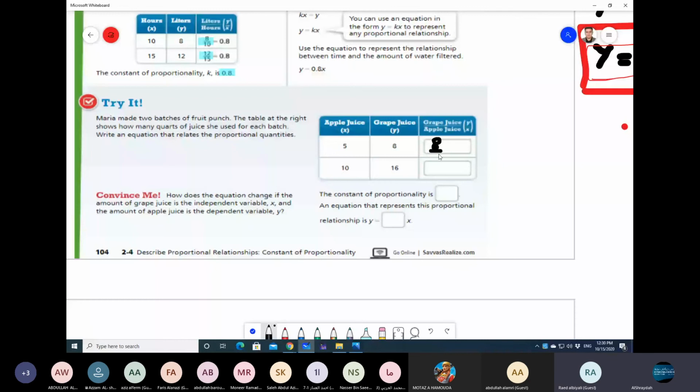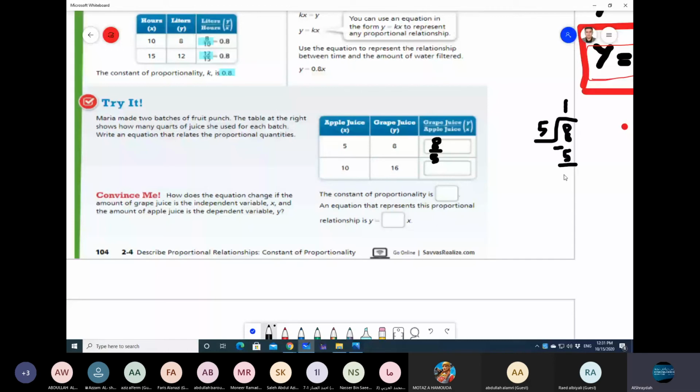And what will be the answer? 8 divided by 5. We can use long division. Is it 1? Yes, 1, and 1 times 5 gives you 5. You subtract: 8 minus 5 gives you 3.